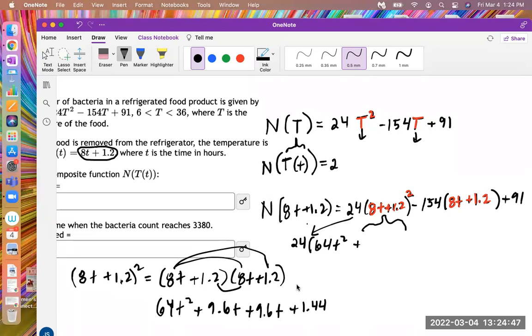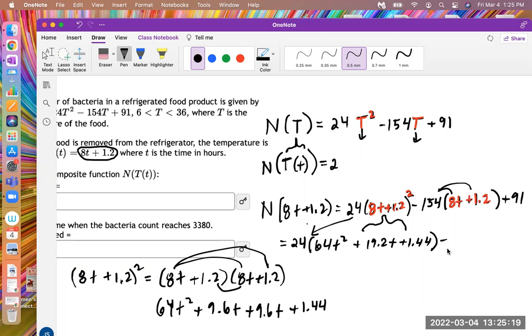So 9.6 plus 9.6 is 19.2. And I have to make sure to put all of that in parentheses because all that's getting multiplied by 24 in the front. Okay, and then I can distribute these out, right?